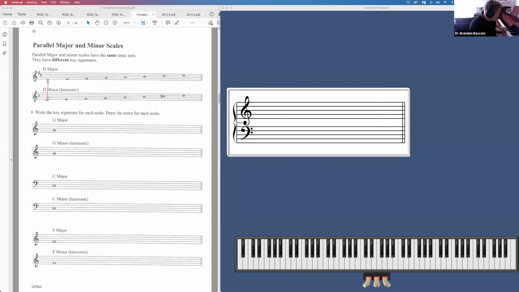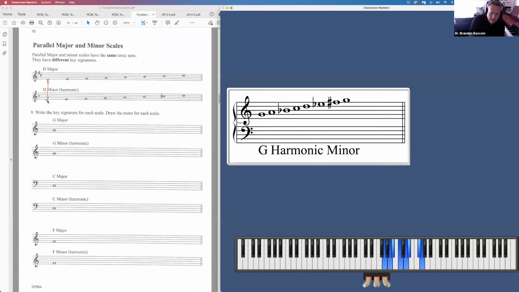So G major, if I lower my 3rd scale degree and I lower my scale degree 6, I get the parallel harmonic minor.